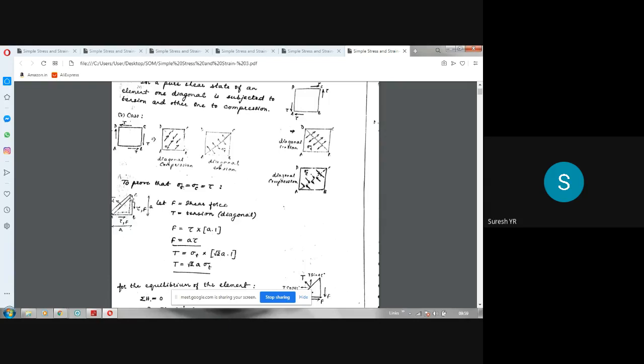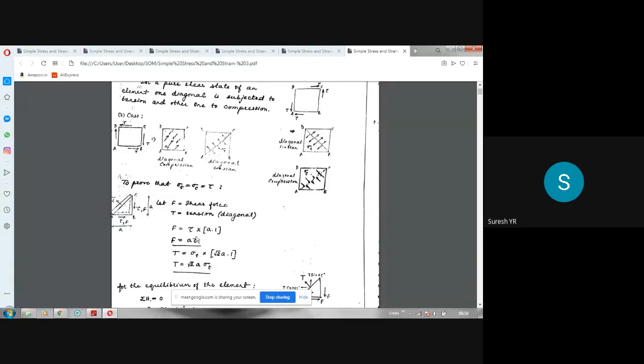F will be either this or this. So F is equal to tau into the area. The area of this will be A into 1 because I have taken unit thickness. So this tau will be acting over this area, and you get F is equal to A into tau.